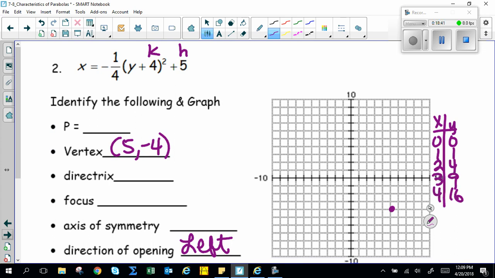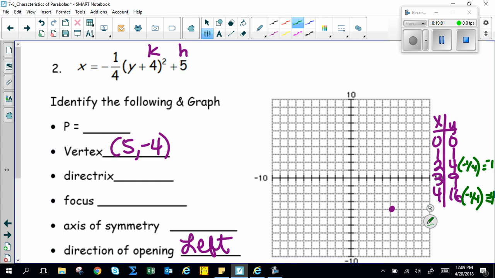And what am I going to multiply all the y values by? Negative 1/4. So that'll be negative 1. And if I multiply this by negative 1/4, it's going to give me negative 4, right?